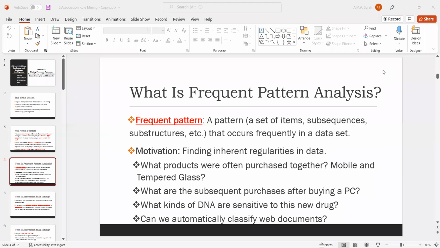Am I correct? Not only for that shop, whenever you are doing any business, you can apply association rule mining algorithms and find patterns. Based on the patterns, you can invest your money for the future.